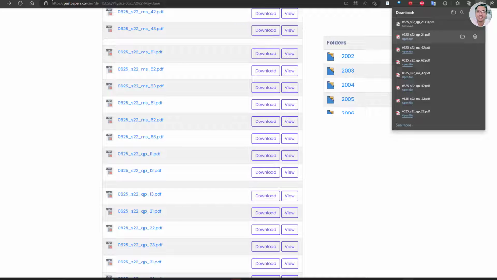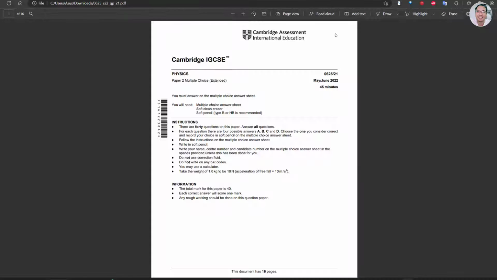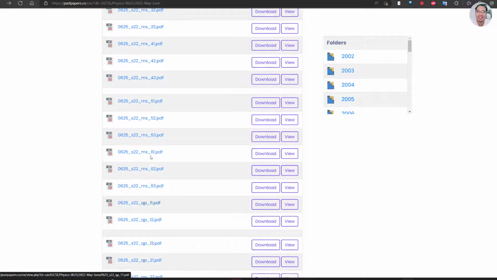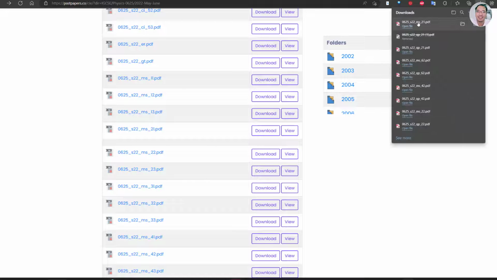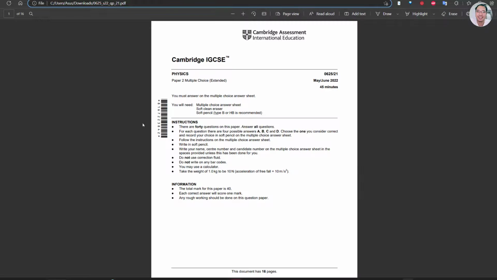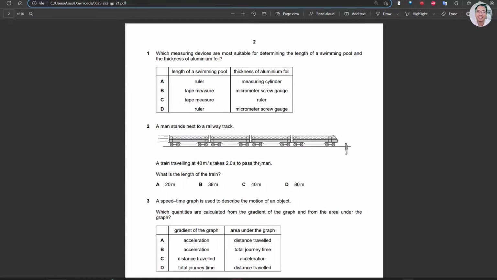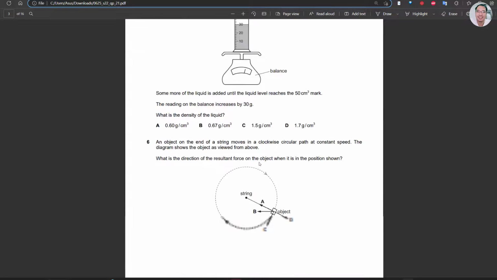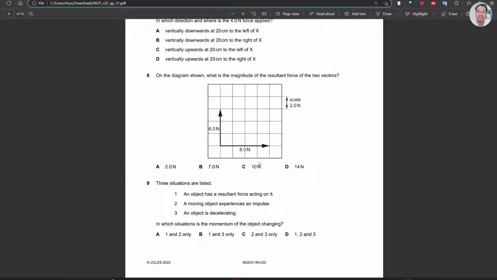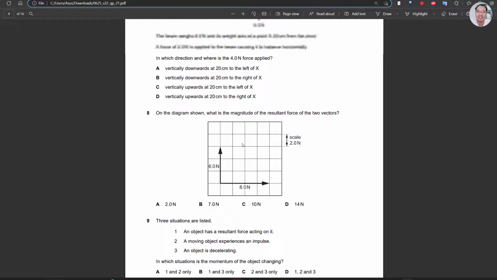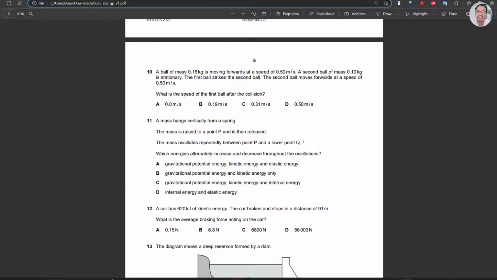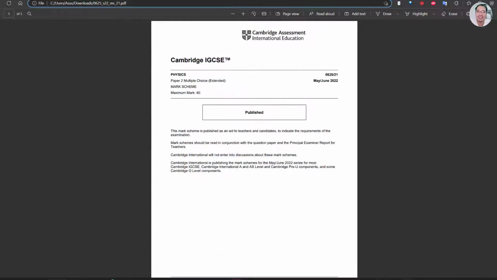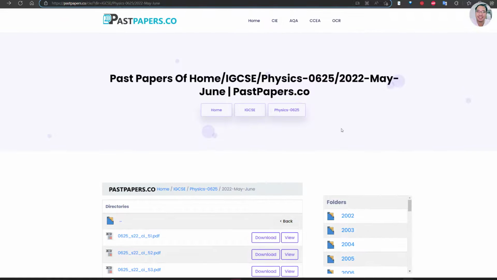So, and mark scheme 2-1. Here. Wait, it is the same. The same as the 2-2, huh? Yes, just a little bit different. So we should move to another year, last year, instead of this 2020 year.